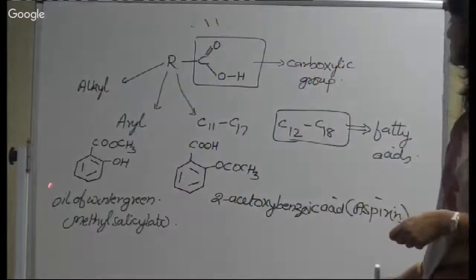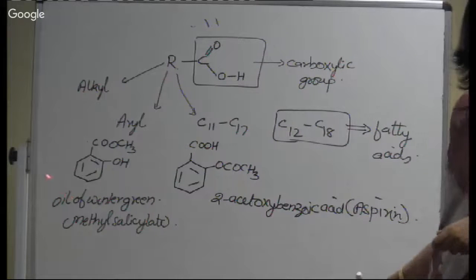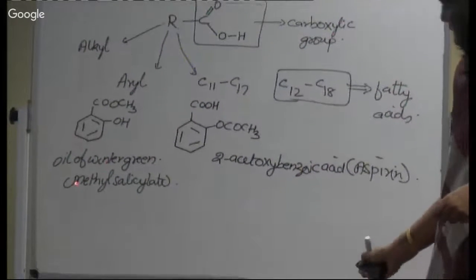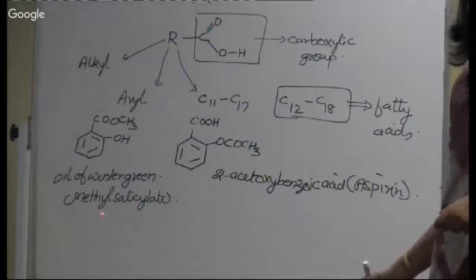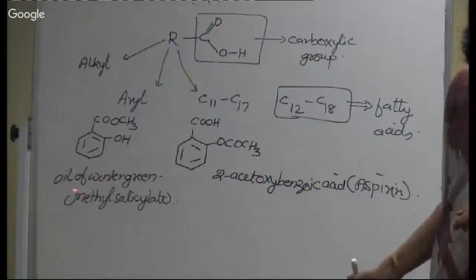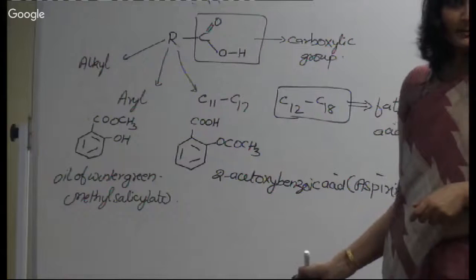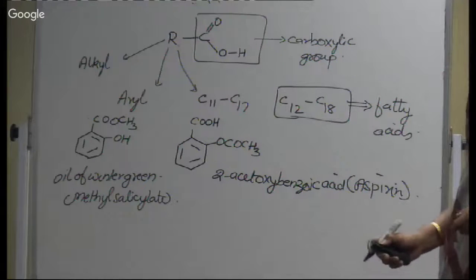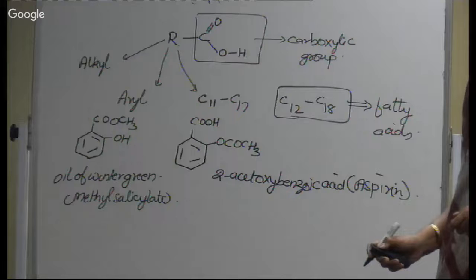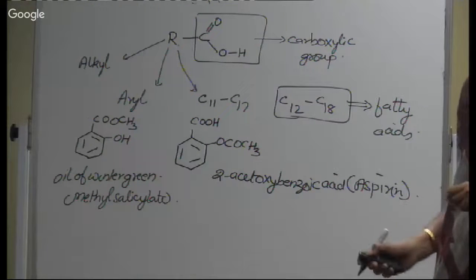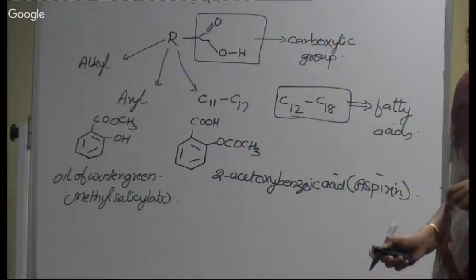This compound is called oil of wintergreen. Another systematic name for this is methyl salicylate, which is a methyl ester of salicylic acid. That smell in Iodex is because of this compound, oil of wintergreen.